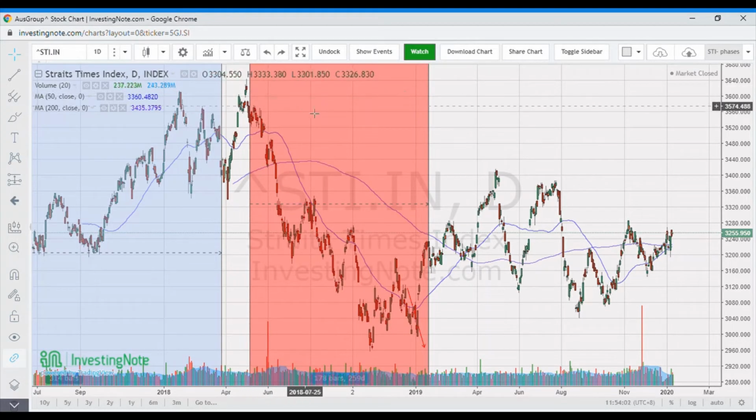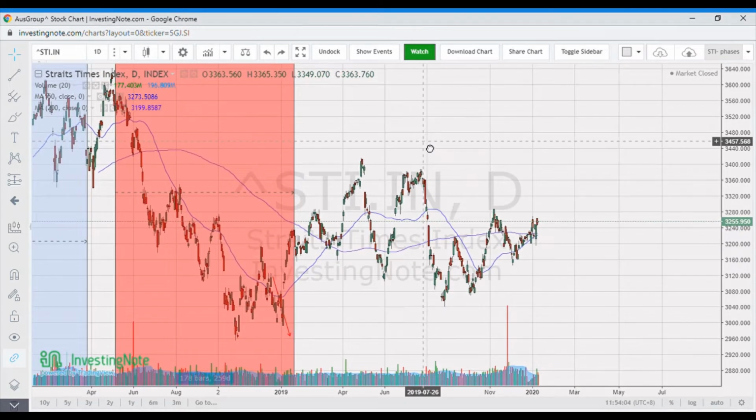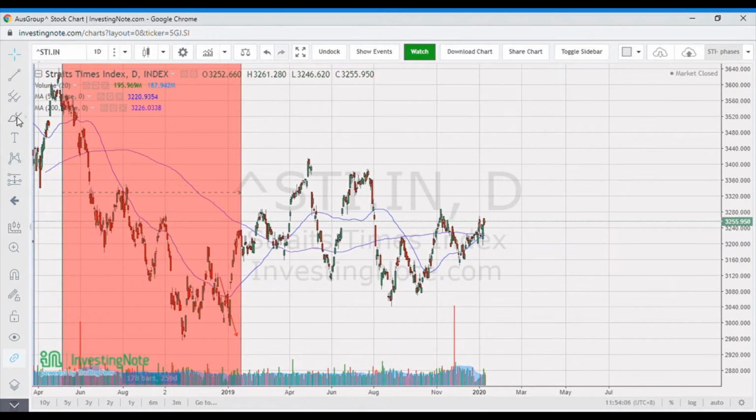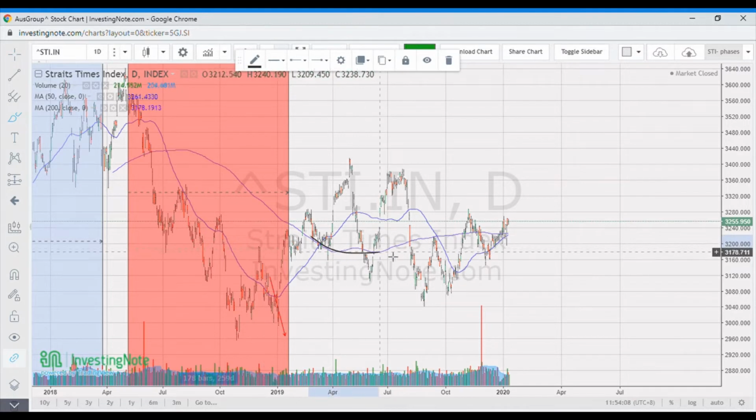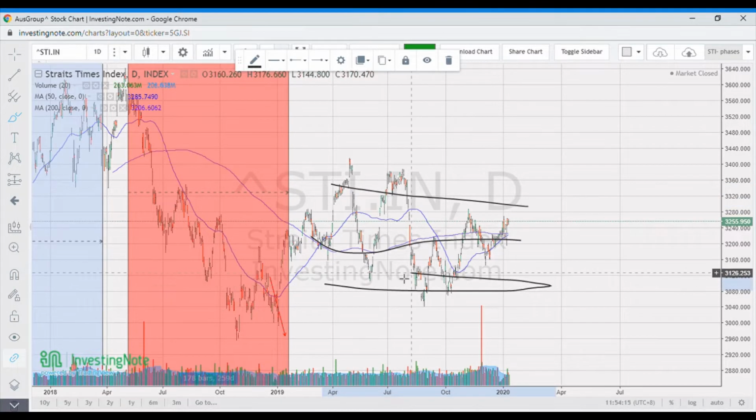So we look at the STI chart. Actually, you can see down here the 200 days moving average is kind of flat, and the prices are trading between these two lines down here.